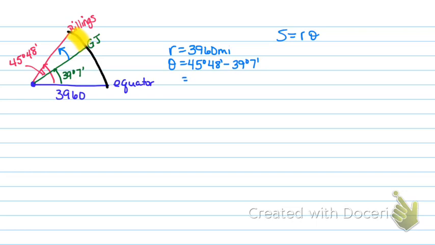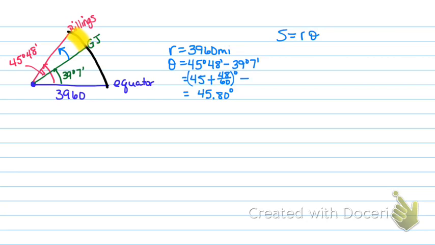So we're going to have our 45 degrees, and we're going to add, remember that there are 60 minutes in a degree, so we're going to take this 48 out of the 60 total in that 1 degree. This piece gives me the decimal degrees for the 45 degrees and 48 minutes. Let's put that in our calculator, and we should get 45.80 degrees.